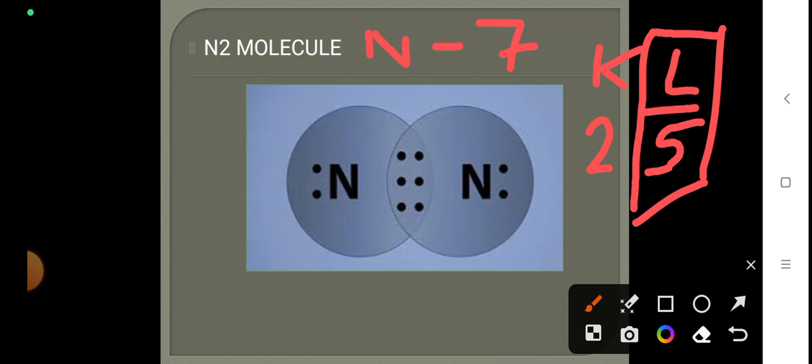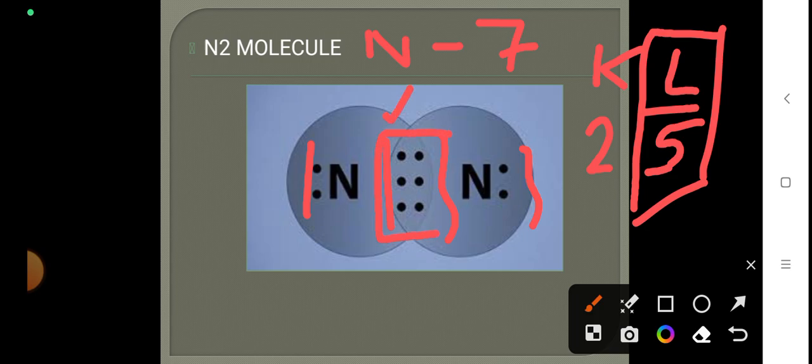Okay, so here nitrogen is having 2 plus 3, 5 electrons. Similarly, the other nitrogen is going to have 2 plus 3, 5. And as I already told you, each nitrogen has to attain octet. It is possible only when each nitrogen atom will share.